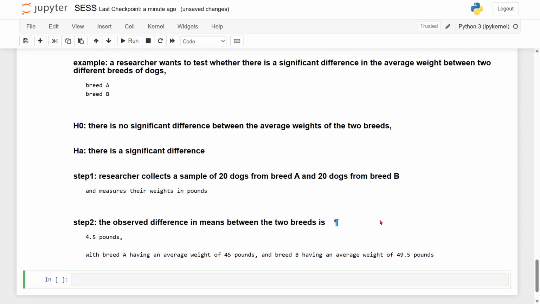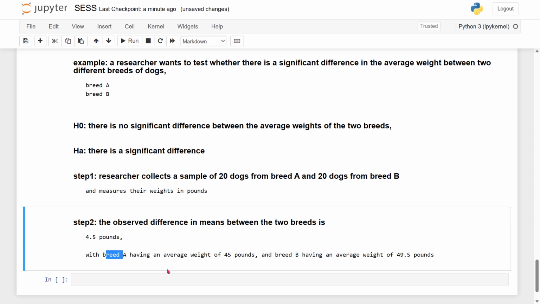So that is the observed difference in means between the two breeds. We got 4.5 pounds, and these are the average weights of breed A and breed B.